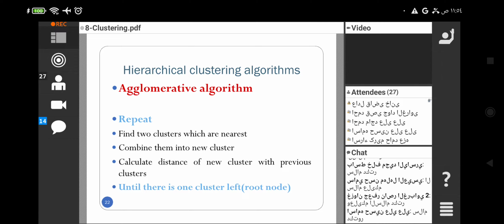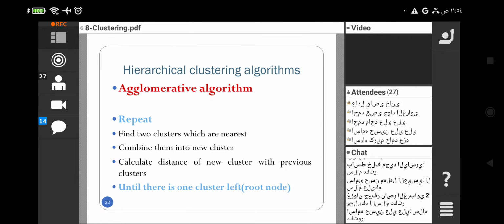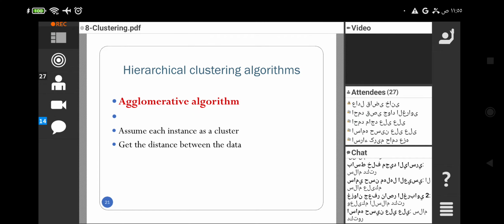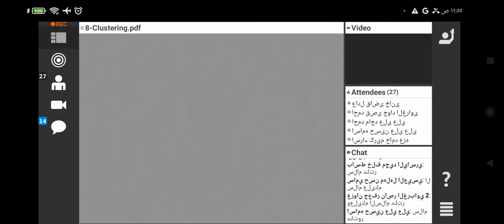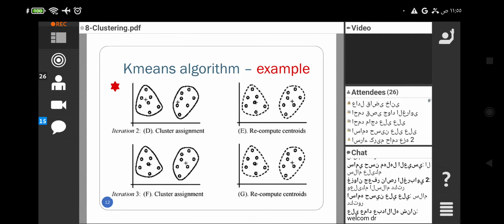K-means was an algorithm for clustering, and we said that in k-means we have to set the number of clusters, and then k-means had a loop, and in the loop it was clustering the data based on the distance of the data to the cluster centers, and in each iteration of the loop the cluster centers were updated.